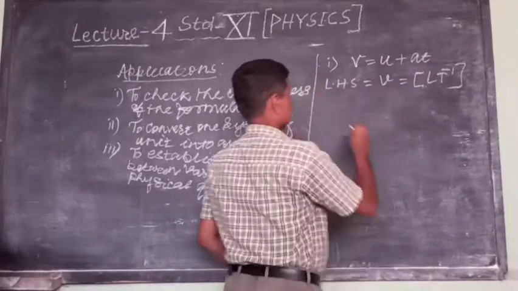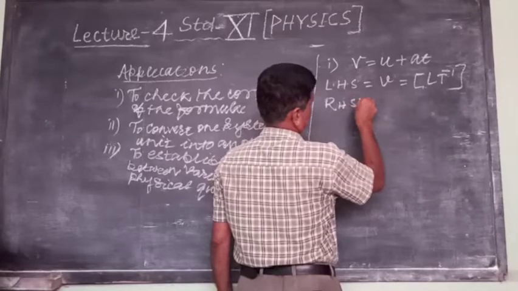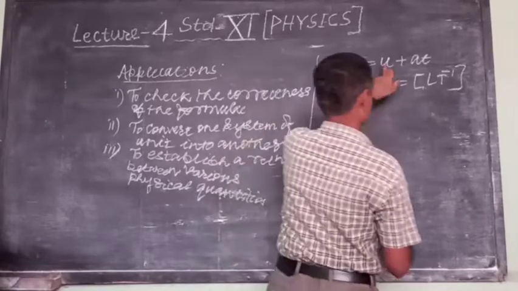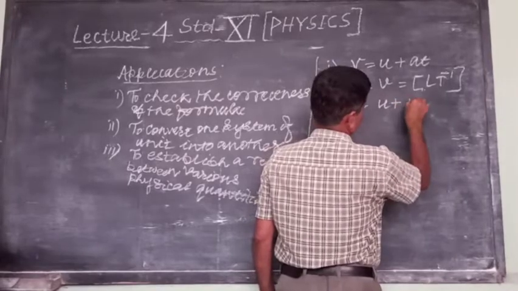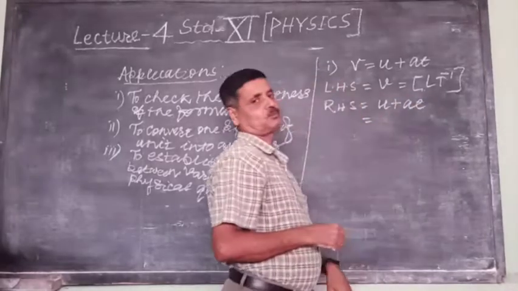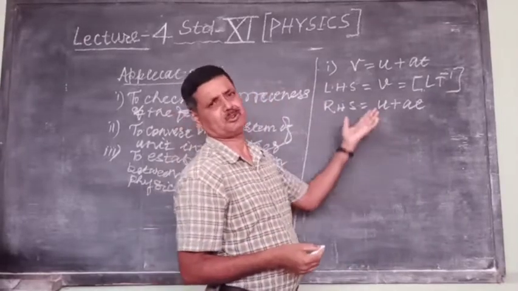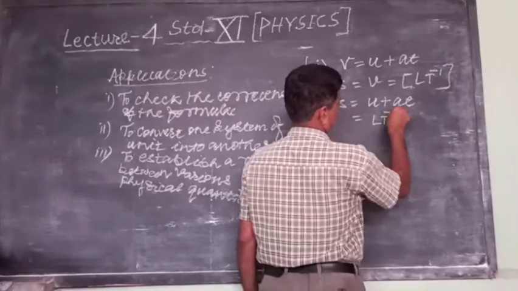Now, RHS. This term is U plus AT. What will be the dimension of U? This is initial velocity, similar to velocity, LT minus 1.